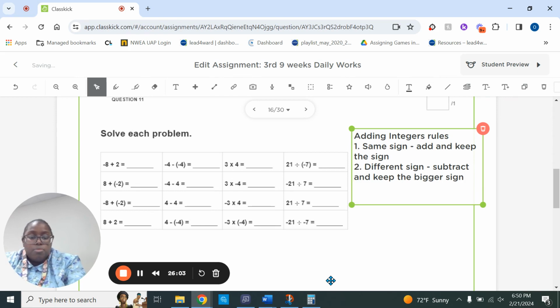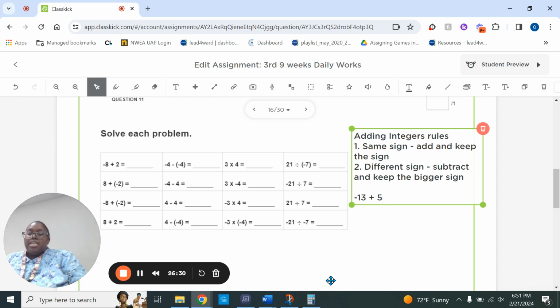For an example, if I was adding this, I have negative 13 plus 5. Negative 13 plus 5 are different signs because one is negative, one is positive. So that means I have to apply the second rule, which is different signs, subtract. I would subtract these two and that would give me 8.